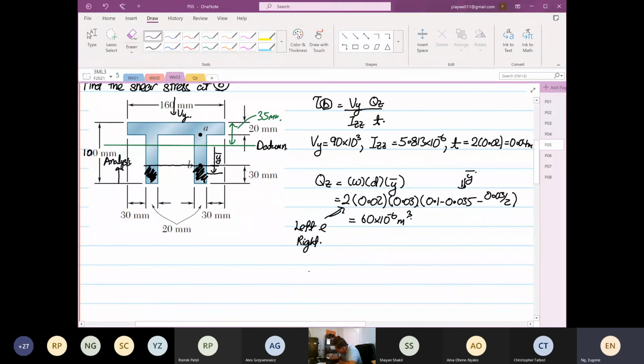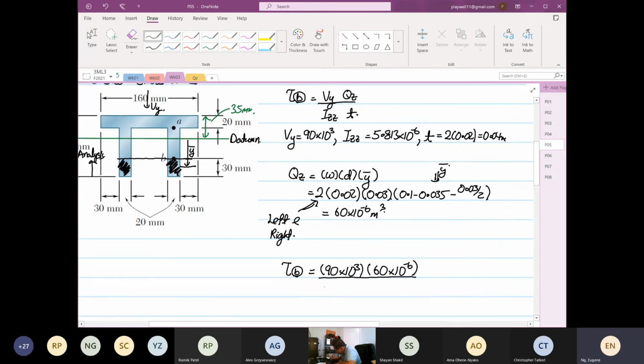So the shear stress at point B is equal to 90 times 10 to the power 3. Q_z is 60 times 10 to the power minus 6. The second moment of area, I_zz, is equal to 5.813 times 10 to the power minus 6.